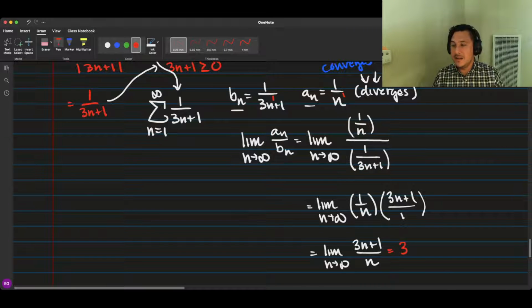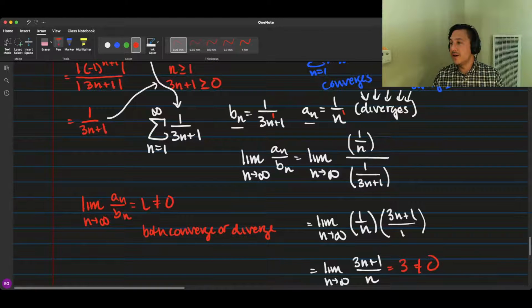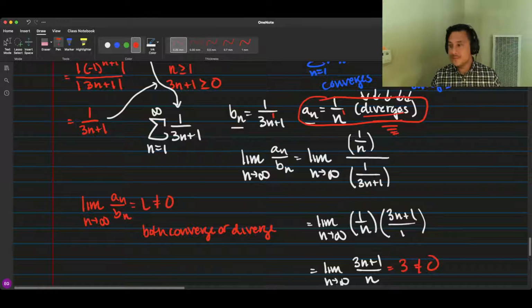And now here's the thing. You have to remember the limit comparison test says that if when you take the limit of this you get L and it's not 0, then what happens? They both converge or diverge together. And what sort of thing did I choose to compare with? Something that diverges.